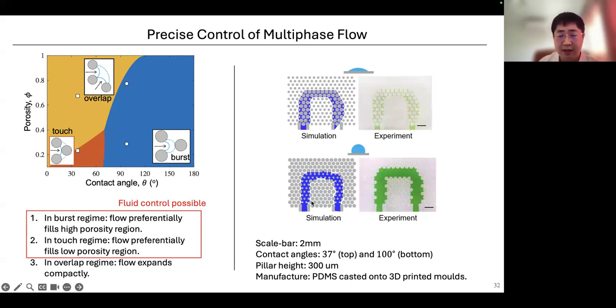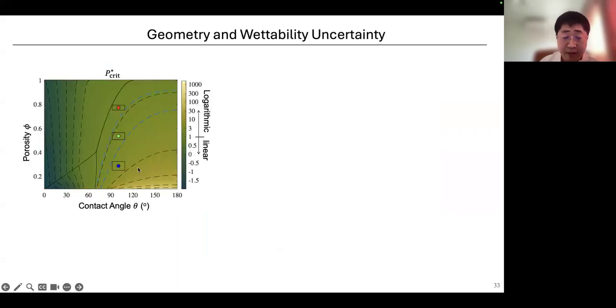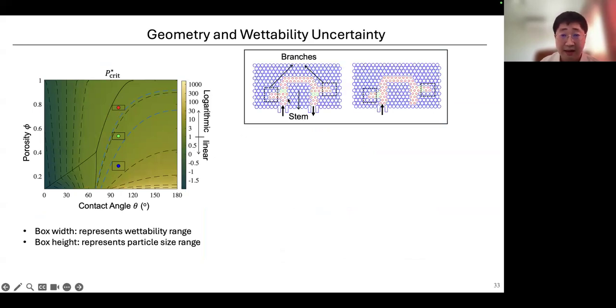hydrophobic. Here is the simulation in comparison with experiments. We can use the geometry to control the fluid pathways for both hydrophilic and hydrophobic cases. And on top of that, from this diagram, I don't know if I have time, but we can create a hierarchy of different sizes of particles.